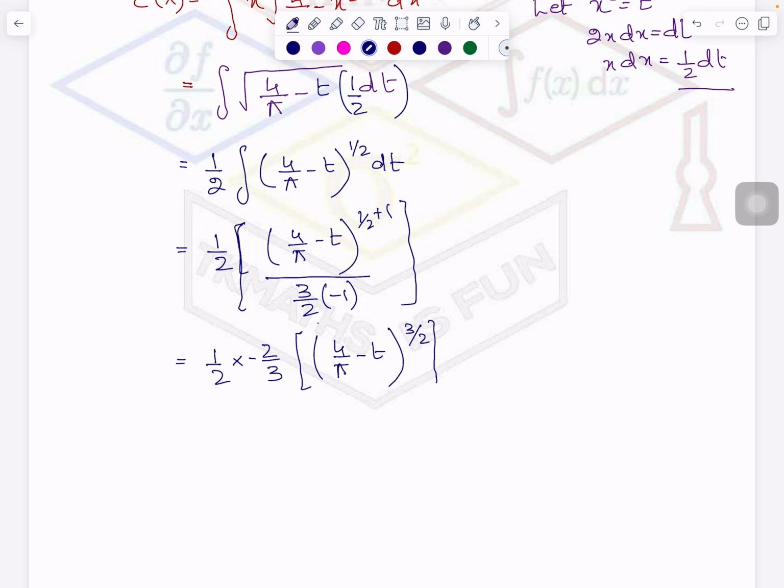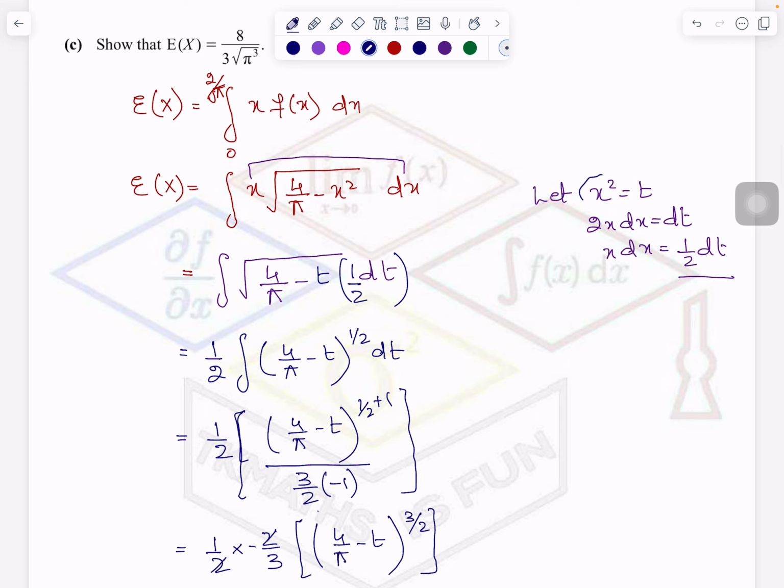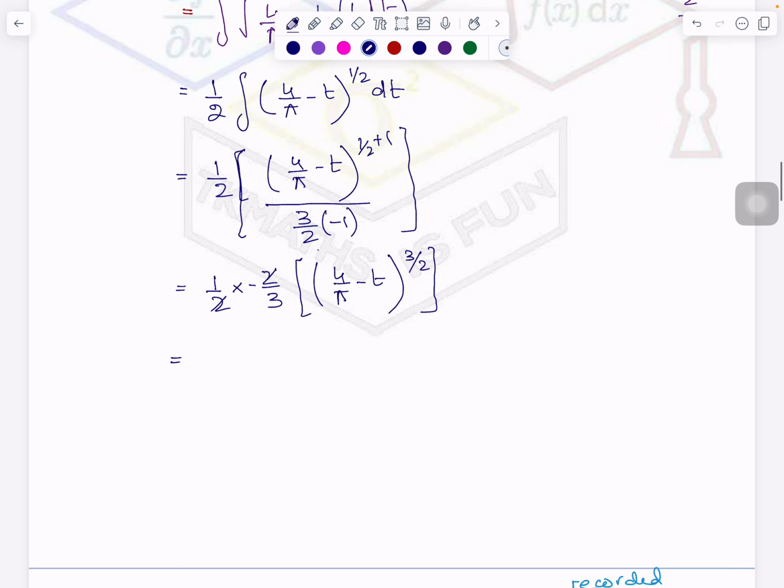Now let's see the concept of limit here. We know from integration, if I want to change the limits with respect to t, then I have to make use of this substitution. But what I'm doing here, the second way to handle it, is that I don't want to change the limit. Now I will replace the value of t again here.